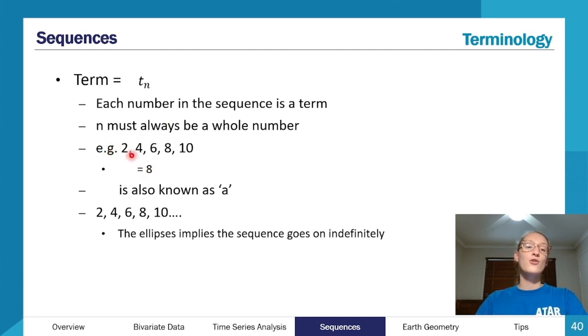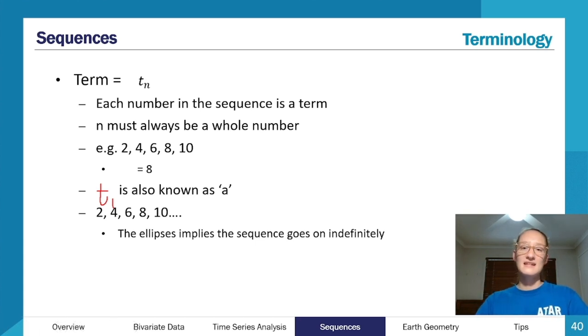And this is the example of the sequence I gave earlier. All we've got to do is count along: term 1, term 2, term 3, term 4. Term 4 is 8. Super simple. What I wanted to say there is that T1 is also known as A. So that's our starting point, so we can define that.